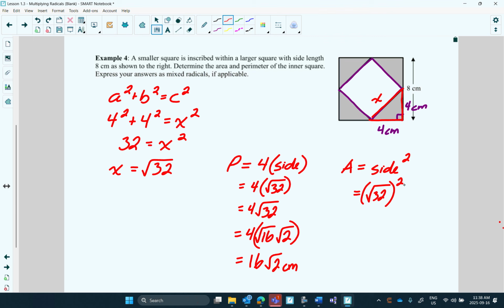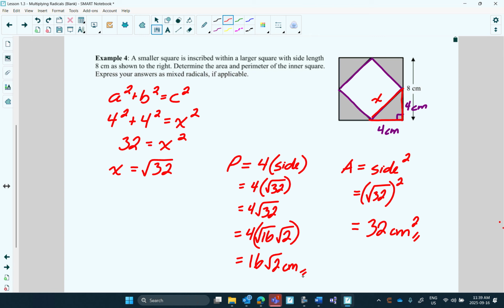Like what's square root 2 times square root 2? Which is? 2. So square root 2 times square root 2 is 2. What's square root 5 times square root 5? Square root 25, which is 5. So what's square root 32 times square root 32? 32. And it's centimeters squared.